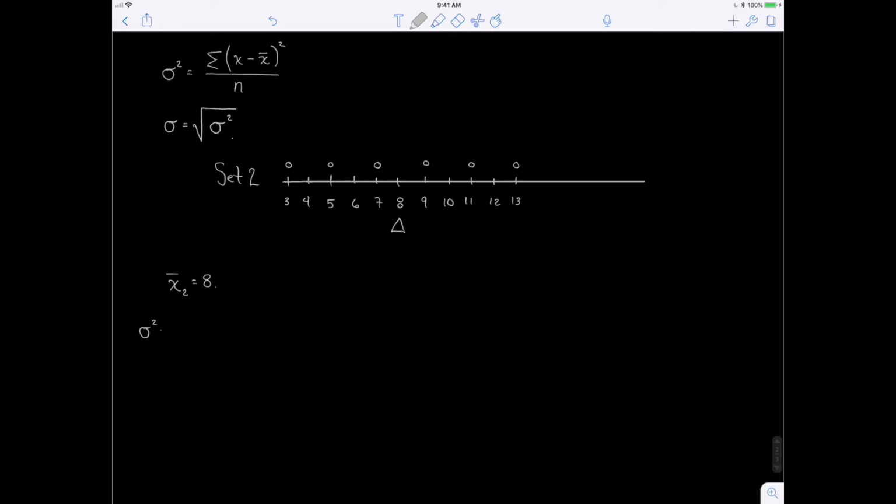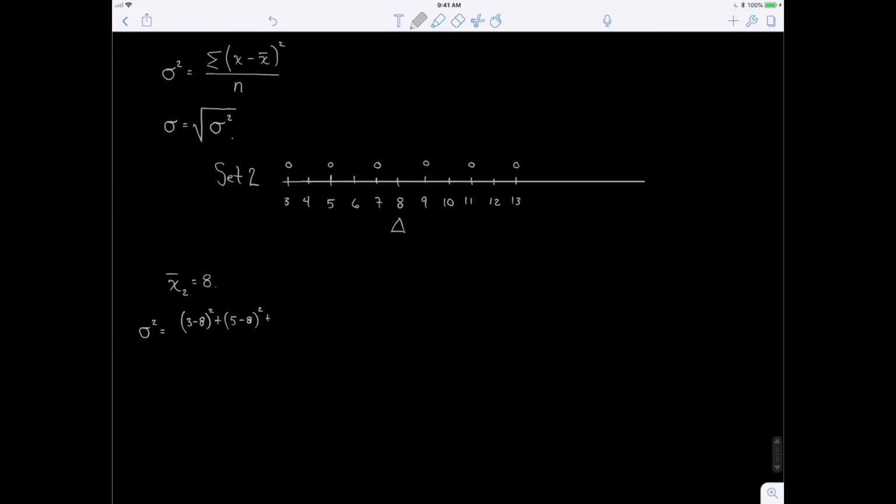I write sigma squared equals, the data, well the first one is 3 minus the mean, that's 8, and then we square it, plus. We take our next data, that's the 5, we subtract 8, we square it, and then we add the next one.